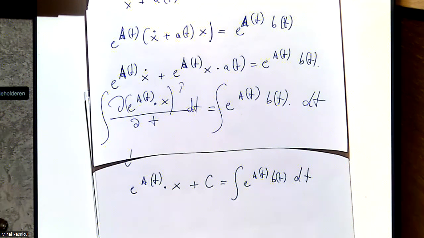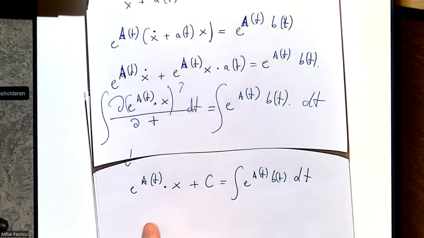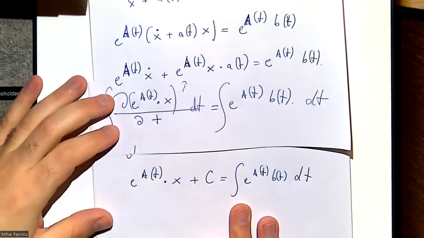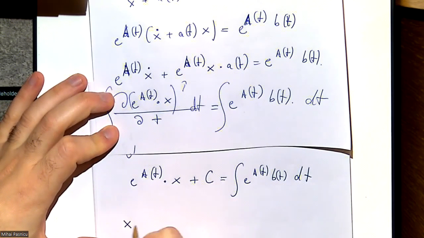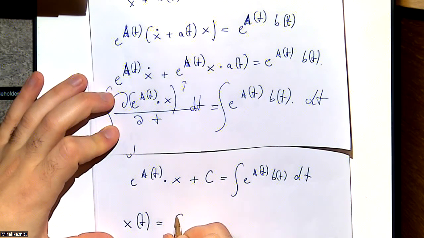Does everyone understand why I got from here to here? Integration is the opposite of derivation. I have the integral of a derivative, so I just get the thing before. Think of it as adding one and then subtracting one: they just cancel out. So I get this, and now the problem is done. Why? Because x(t), my final answer, is just equal to this: I move C to the other side.